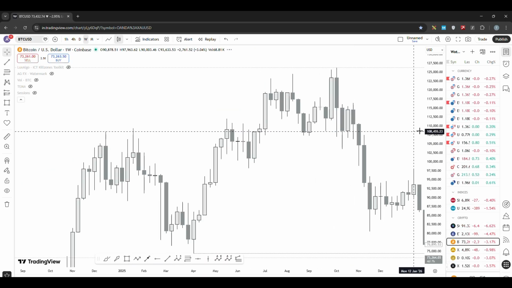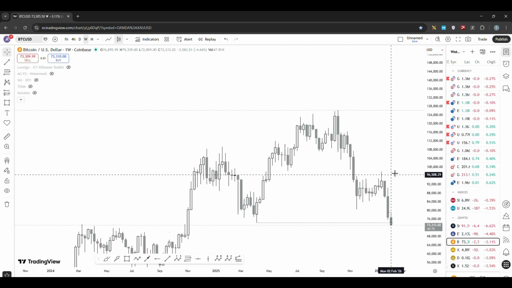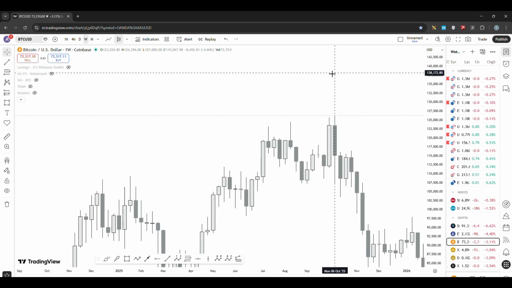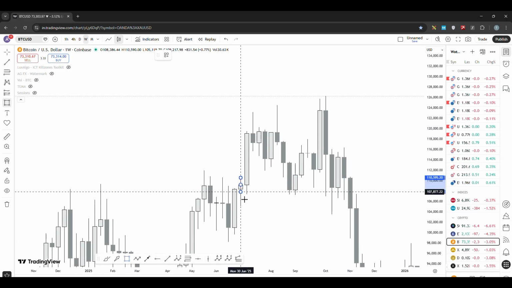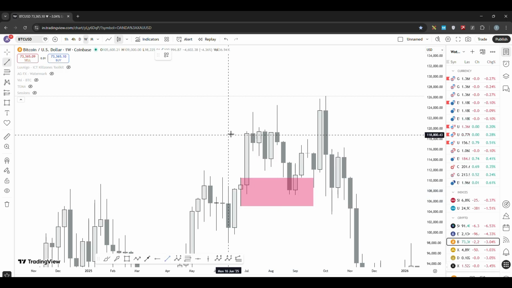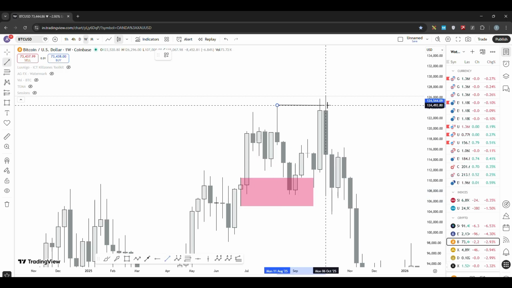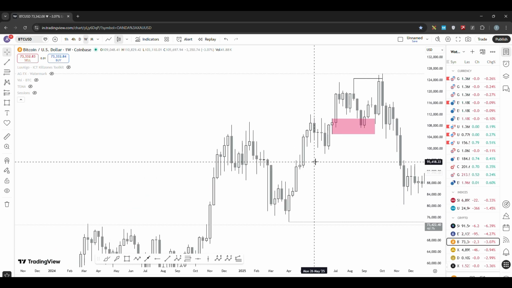If I show you in Bitcoin, then once again the same thing can be applied over here as well. If we see the recent price action, you can see what happened. This is once again the weekly time frame. We have this weekly POI, market came down to the weekly POI, and then what happened? Market went up, took the weekly liquidity, right? So this is the fundamental of the algorithm which drives the market.